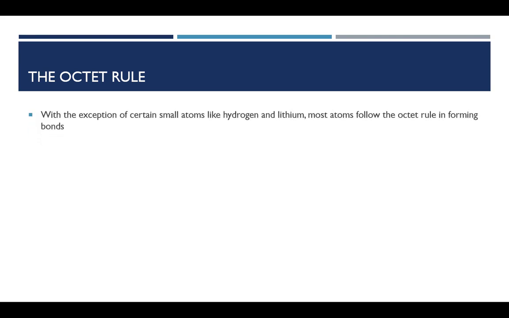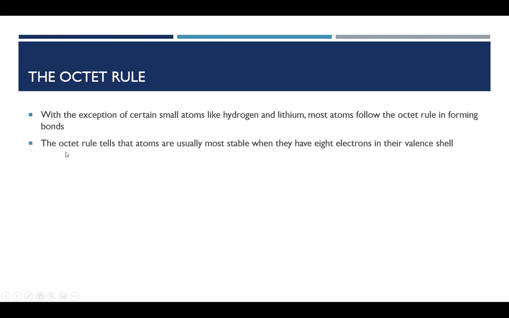The most important topic to start off with before we approach this lab is the Octet Rule. Now, we have already seen in the lecture that with the exception of small atoms like hydrogen, lithium, beryllium, helium, what we find is that atoms follow the Octet Rule in forming their bonds. And the Octet Rule essentially tells us that atoms are most stable when they have 8 electrons in their valence shell.